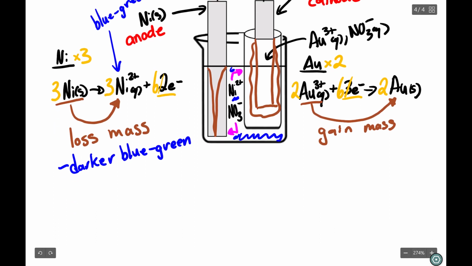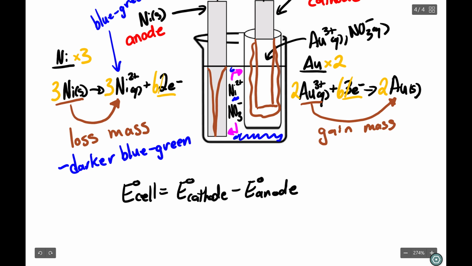So, the electric potential of any cell is equal to the reduction potential at the cathode minus the reduction potential at the anode. And so the cathode is gold. Its electric potential is 1.50 volts. The anode is going to be the nickel half reaction.